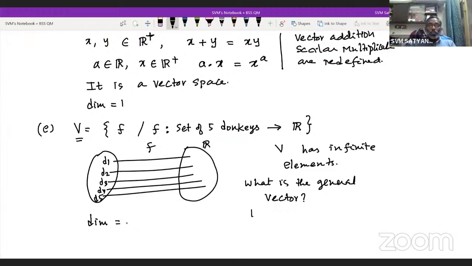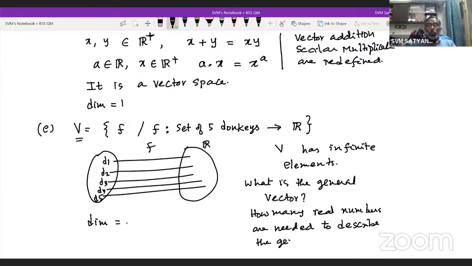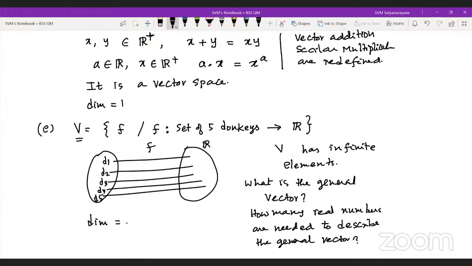Second question is, how many real numbers are required, needed to describe the general vector? Correct? Yes, sir. So it will be like 5 donkeys to 5 real numbers.